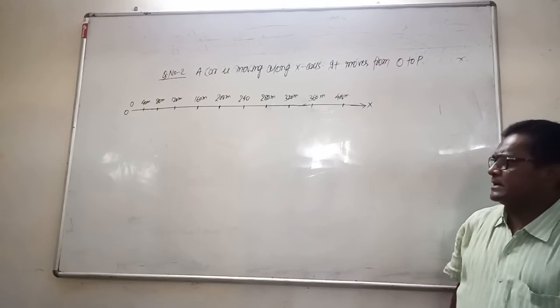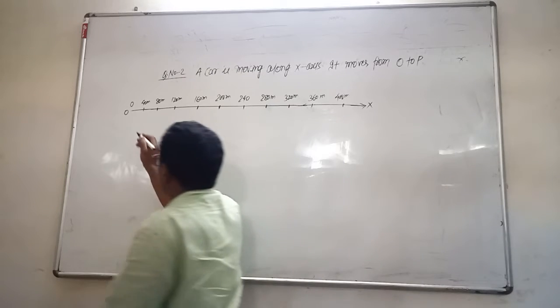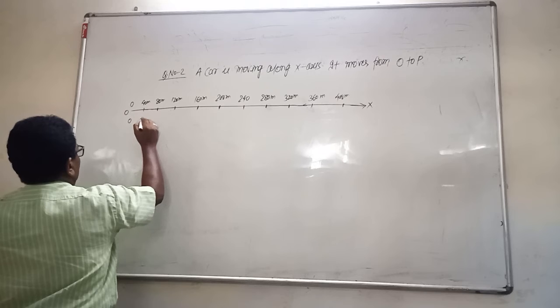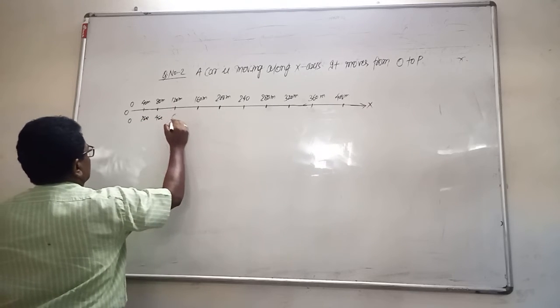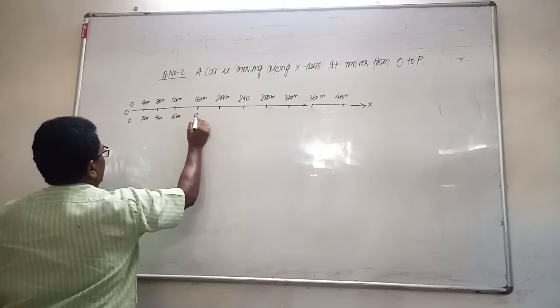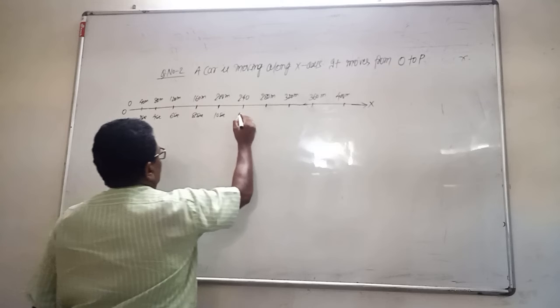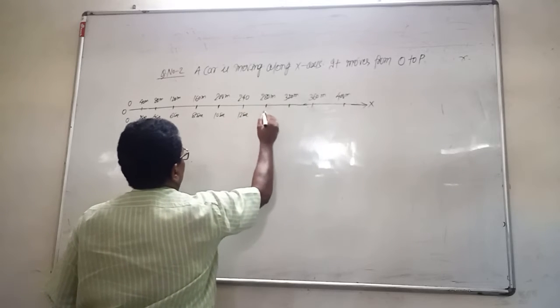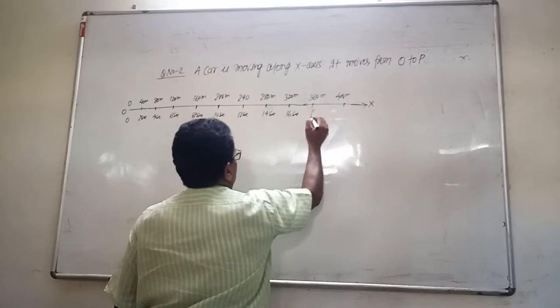And the time interval is also in equal time intervals: 0 second, 2 second, 4 second, 6 second, 8 second, 10 second, 12 second, 14 second, 16 second, and 18 second.